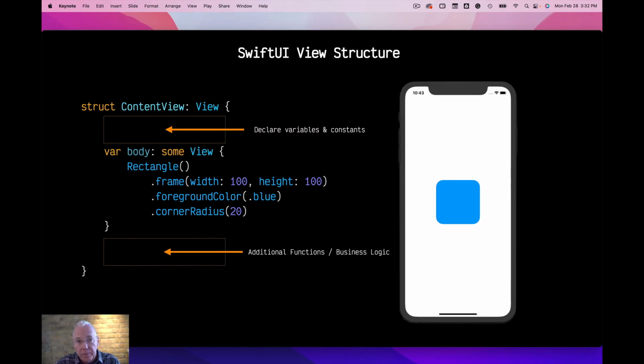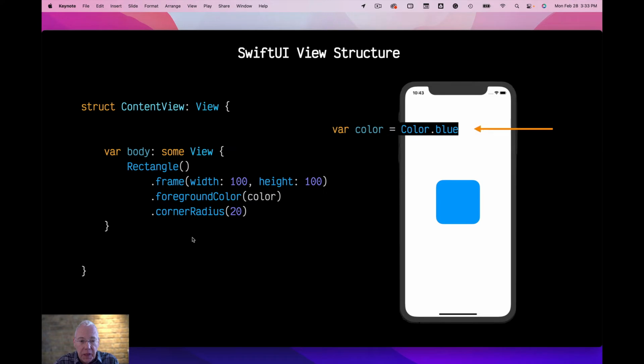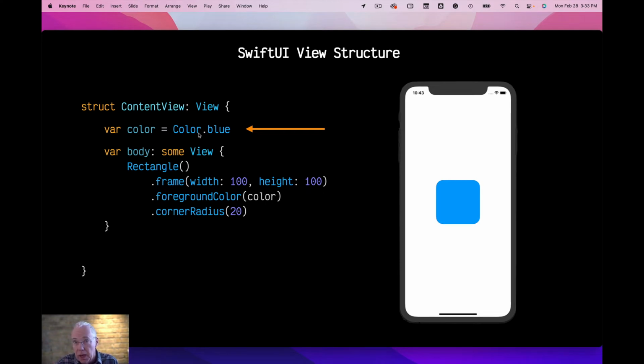I bring that up because that'll be important as we think about a property that's going to hold the color, or the state of the color, of this square. If I add that in at this point, we can create a new property called color, and it is of type Color.blue. So we've created a color property that has the value blue. And that color property is what gets carried down here.